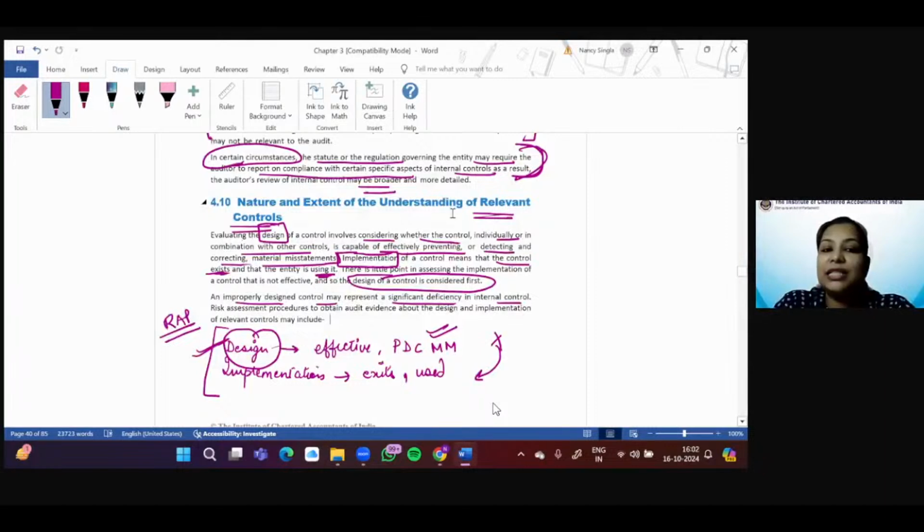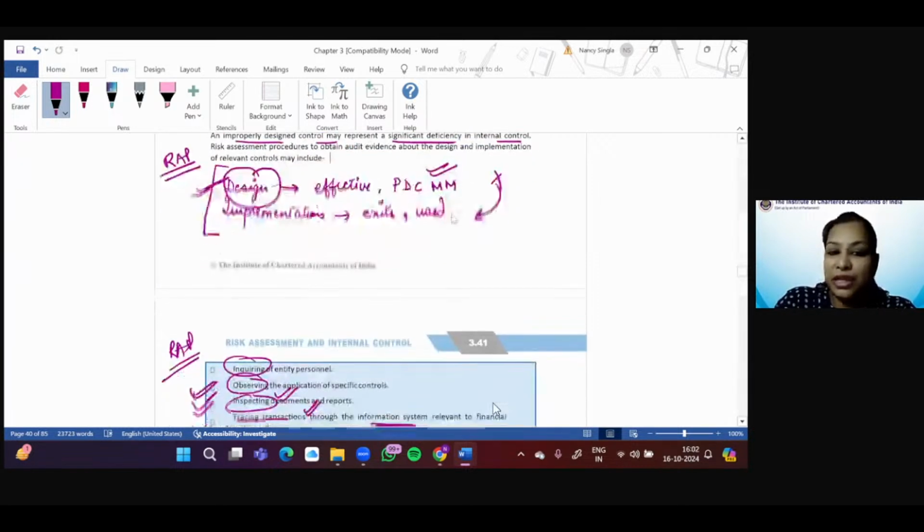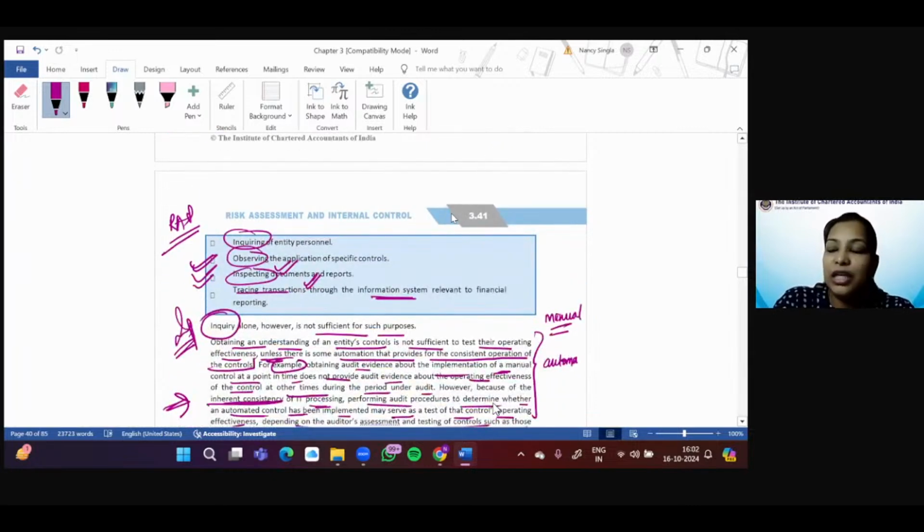Nature and extent of understanding of relevant controls: we have understood what is meant by understanding the design, evaluating the design, and then what is meant by implementing. First and foremost, the auditor will consider design. Why? Because an improperly designed control represents a significant deficiency. And how will he do that? By performing risk assessment procedures. How?